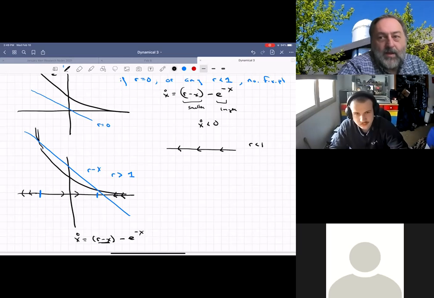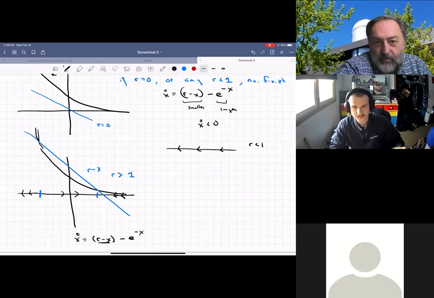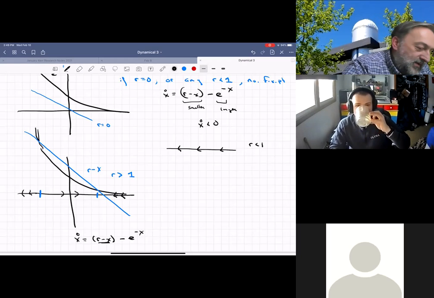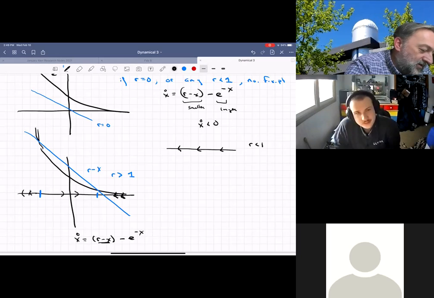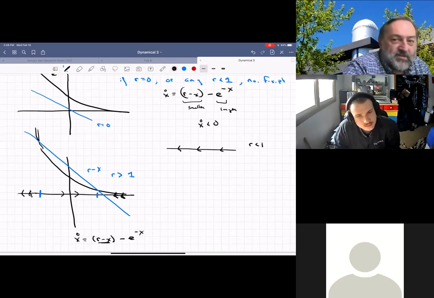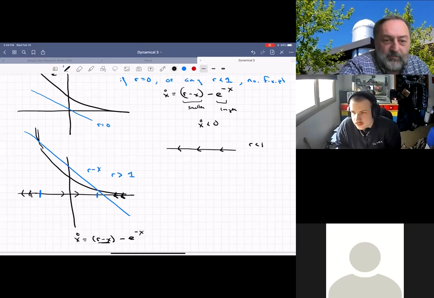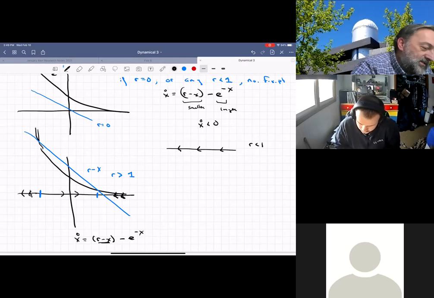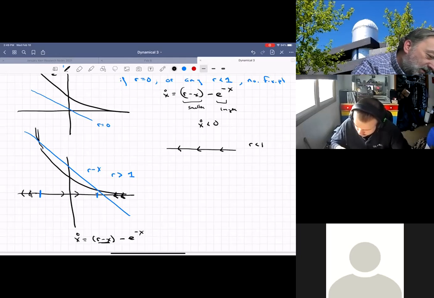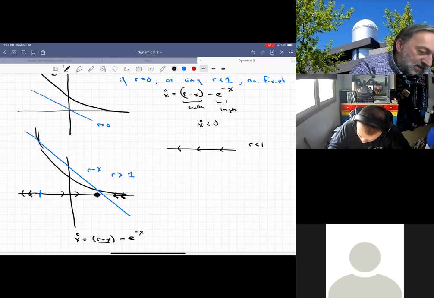So the blue line minus the black line is a negative number. So that means the flow out here is to the left. And on the far side over here, the flow is also to the left because, again, the black line is above the blue line.